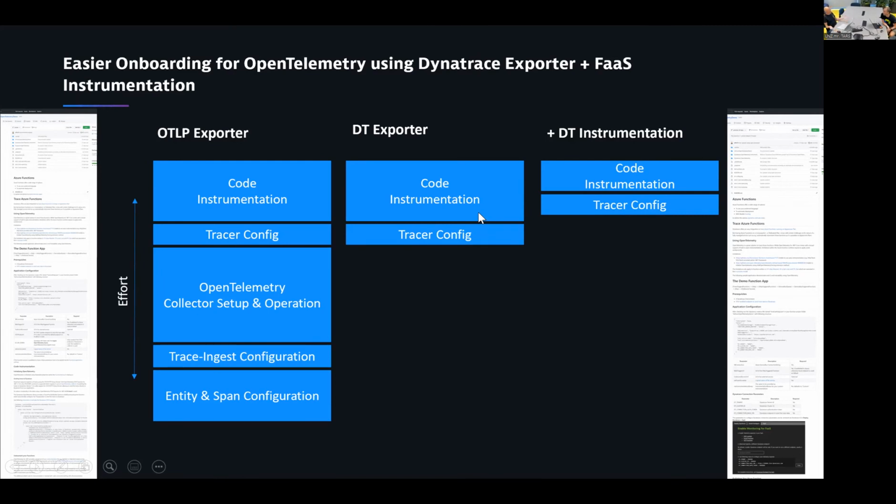Because with OpenTelemetry on its own, you need knowledge about distributed tracing, trace context, and things like that. With FaaS and cloud vendors, you then have to know how these things are coming in. There are multiple ways to pass in request attributes. So this adds another complexity, and we try to reduce this effort.